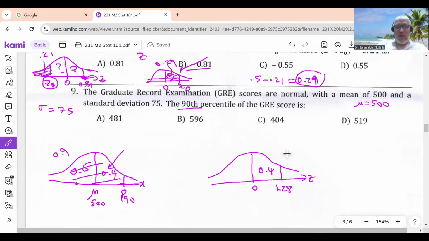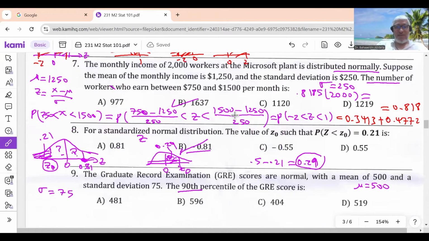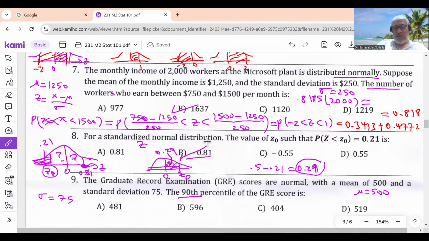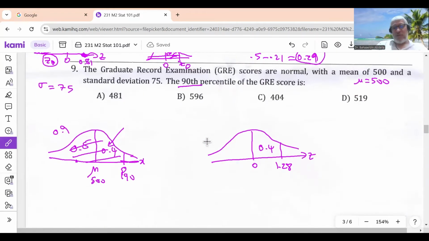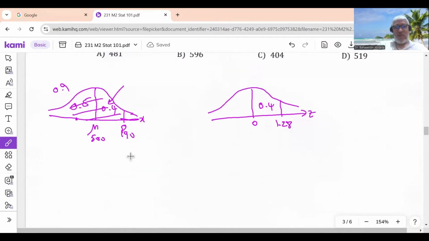So if the question was, what is the 90th percentile of the standardized normal distribution? The answer would be 1.28. But he's talking about a normal distribution, not the standardized. So we know that Z is 1.28. What is the relation between Z and X?